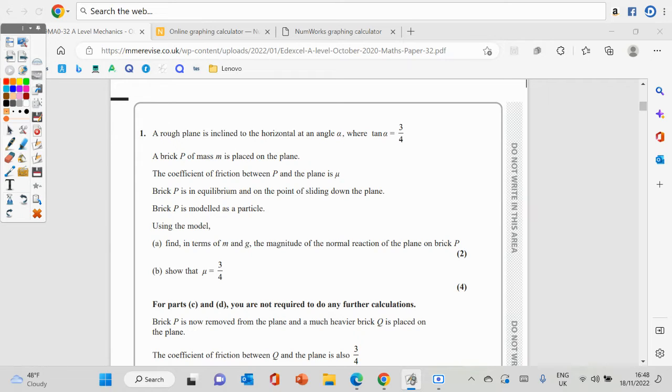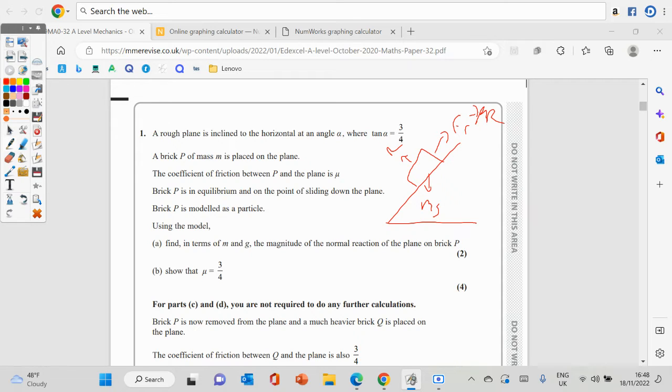Okay, so a diagram. My planes always look a bit odd, but we draw a little diagram. Now, it's going to be on the point of sliding down the plane, which means friction will act upwards. Friction we also know will be mu R. We're going to need that for part B in a moment. Our weight of the box was mg, and we're going to need our normal reaction force.